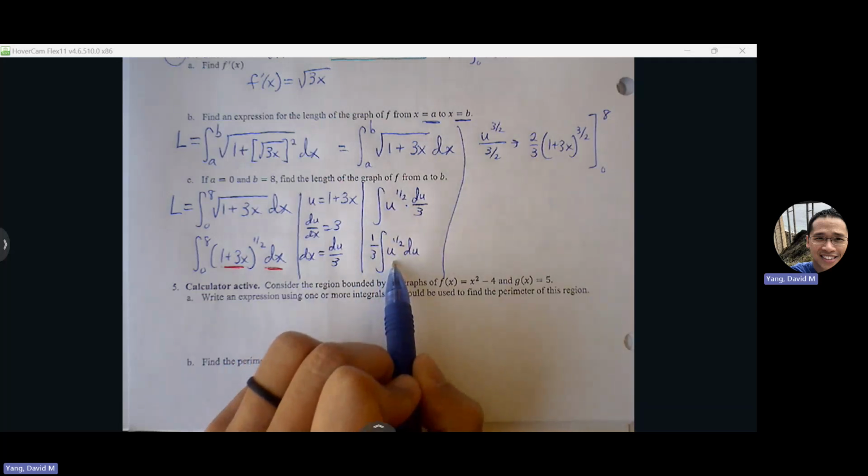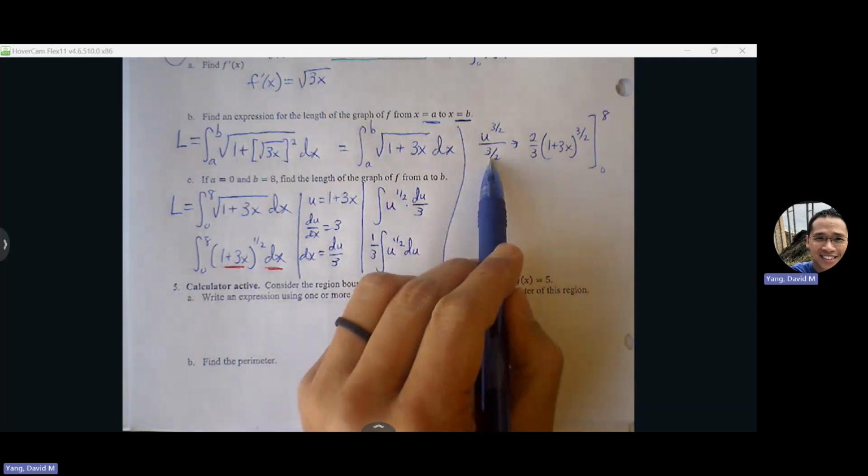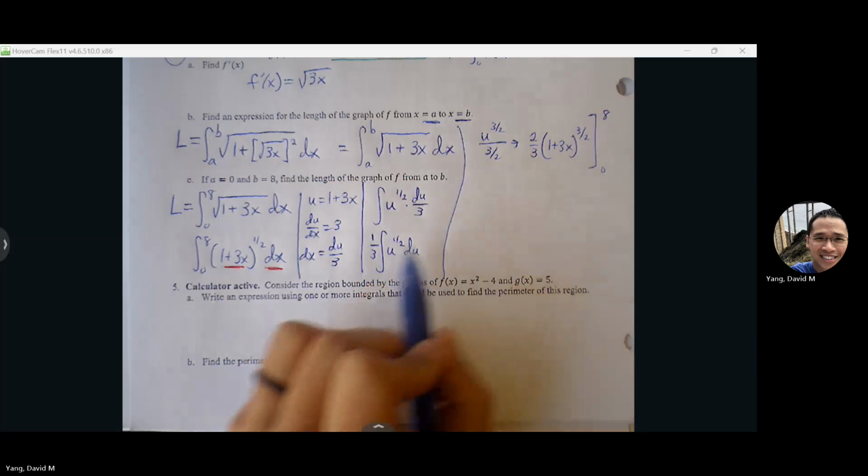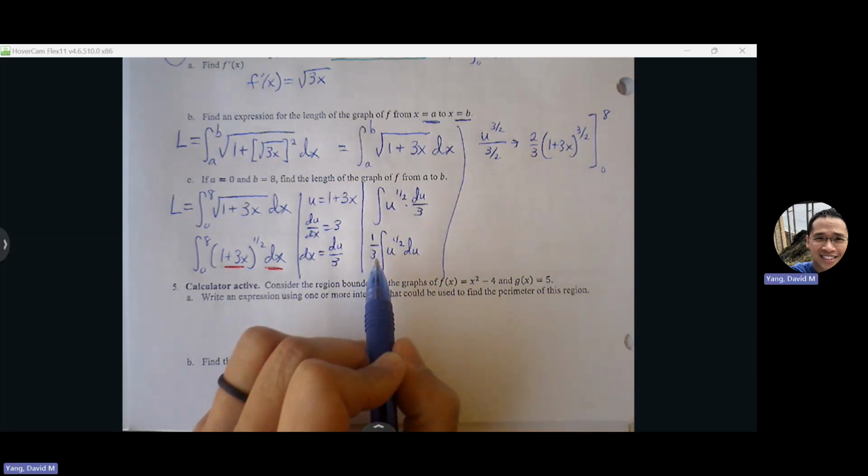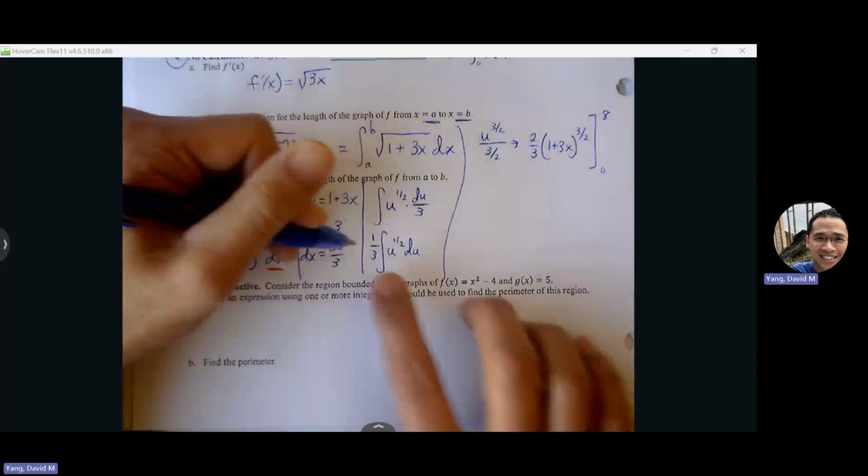We know that's just power rule for u to the 1/2. We apply power rule. Oops, left off that 1/3 there.